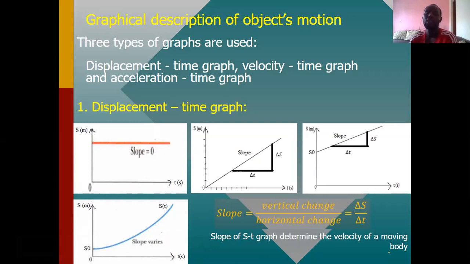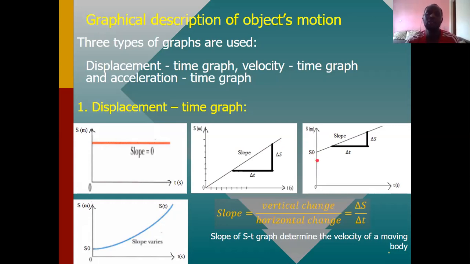We have a straight line which is not horizontal, which is oblique, and here the motion starts from 0. The third one, the motion starts from a position which is not 0.